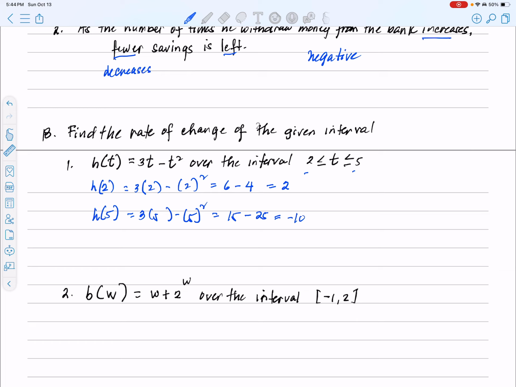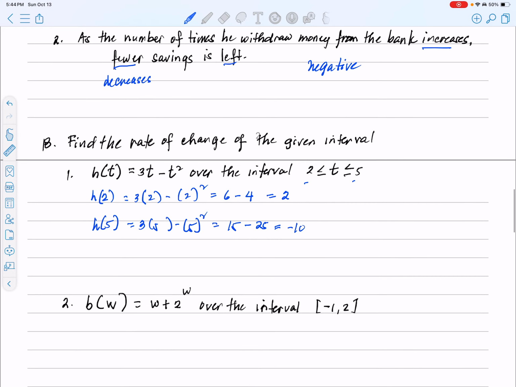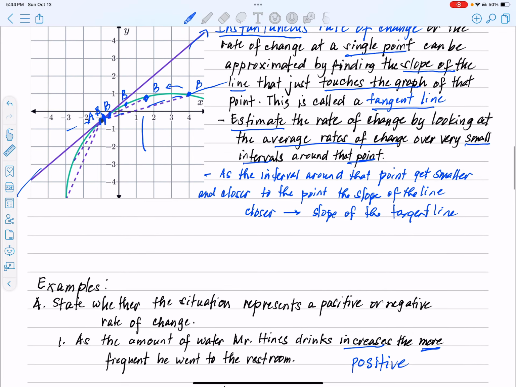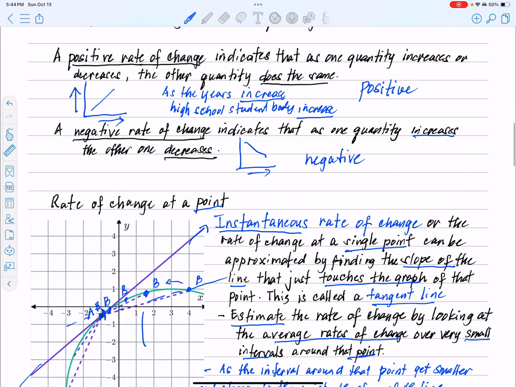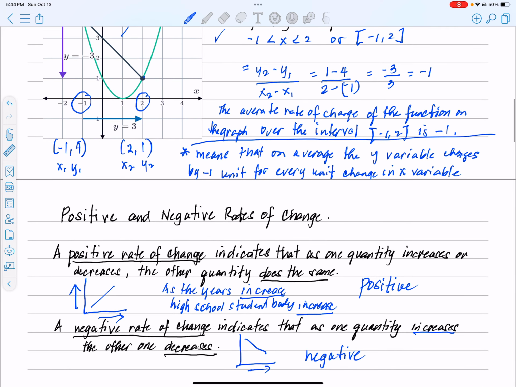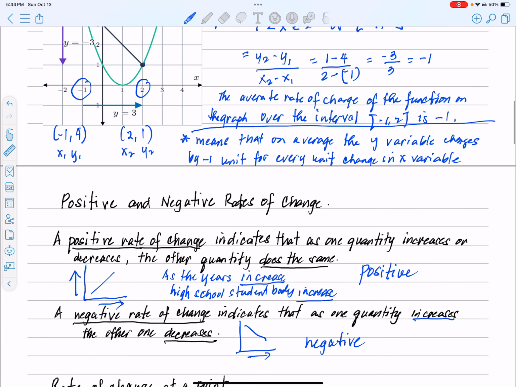I think I forgot something here. Let me go back. I would like to remind you of the formula.